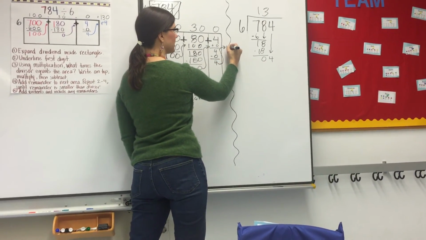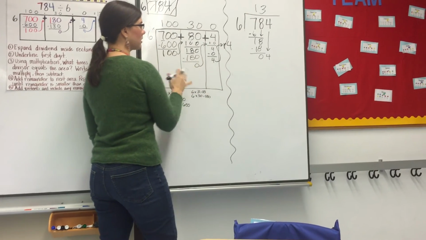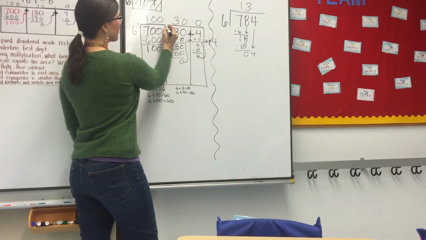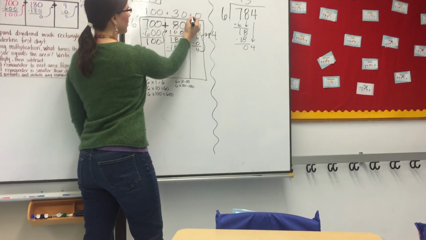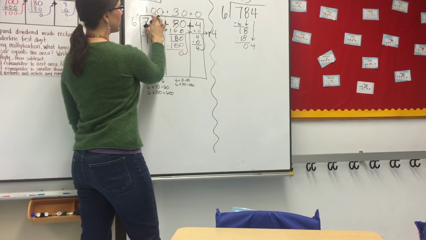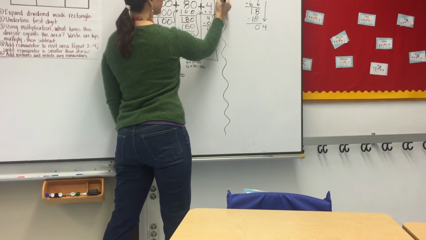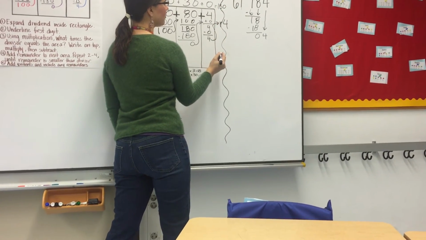So that means that it's a remainder of 4. We can no longer divide it into smaller parts. So wherever there's a line, we have an addition sign. 100 plus 30 plus 0 equals 130 with a remainder of 4.